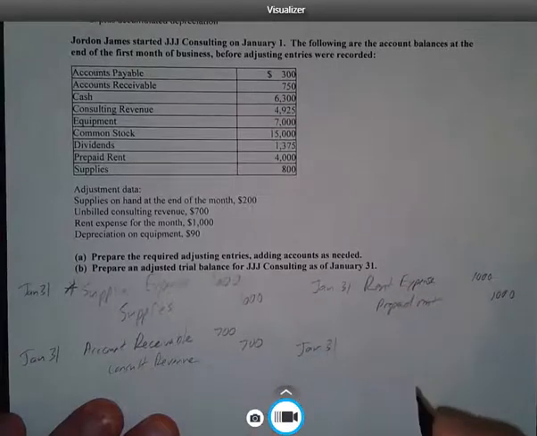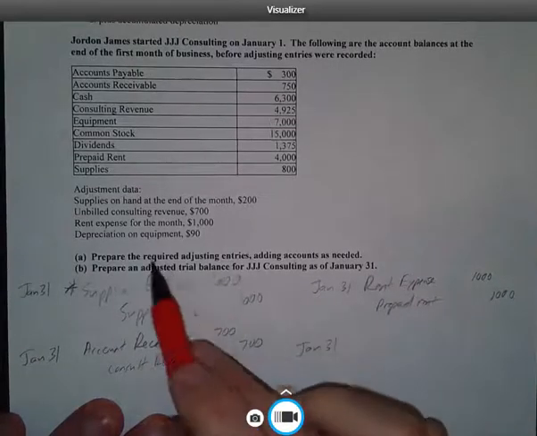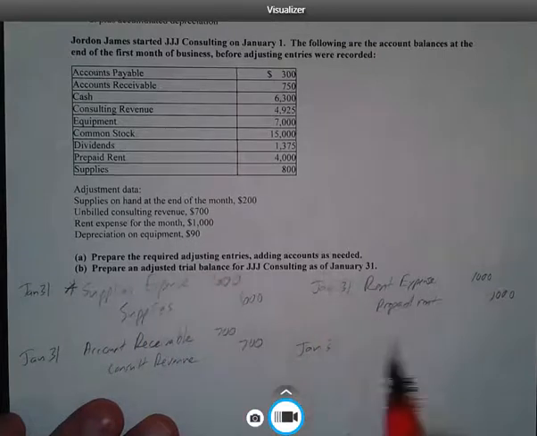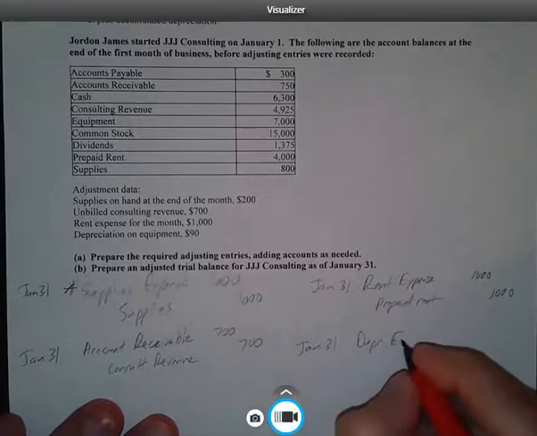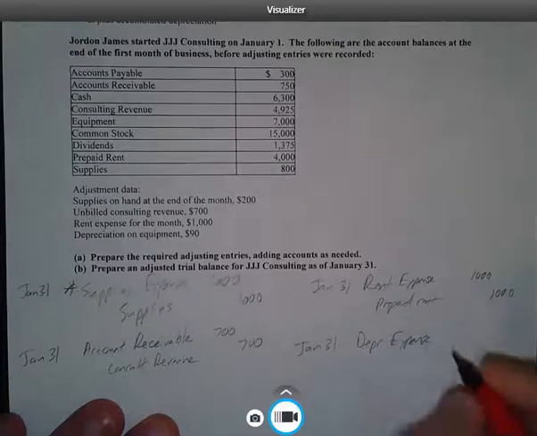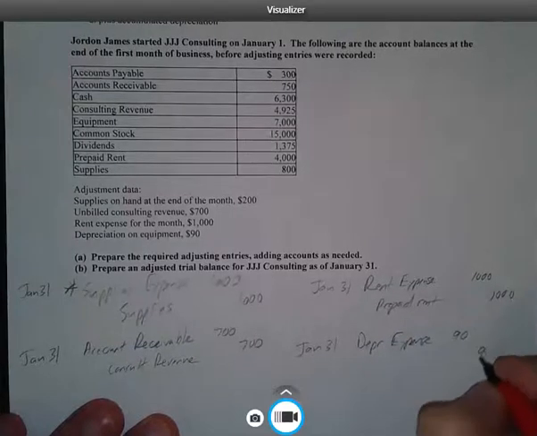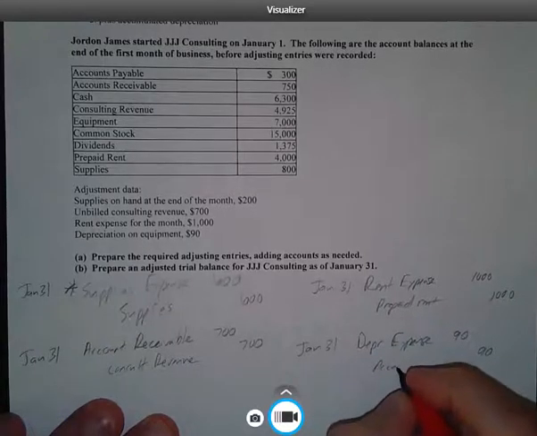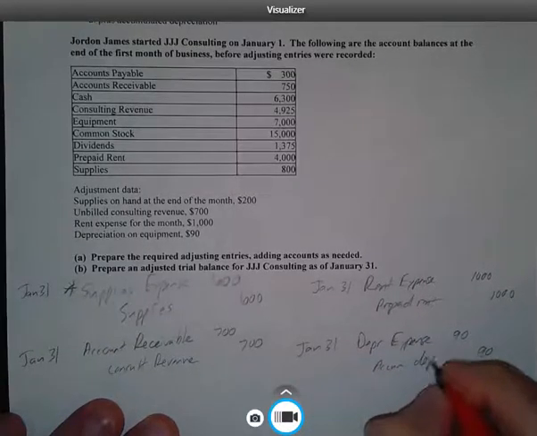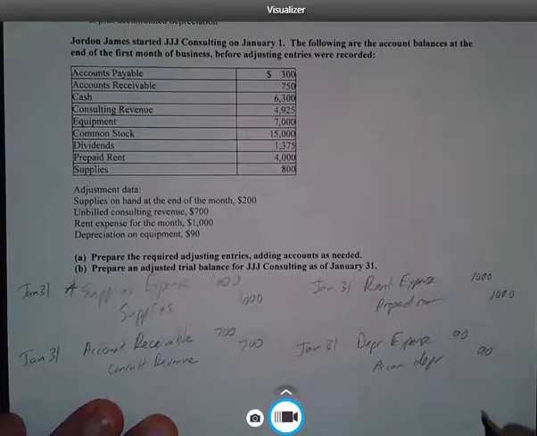January 31, what's the last thing? Depreciation on equipment, $90. This is a depreciation expense for $90, and we're going to credit, just like we did up above, the account accumulated depreciation.